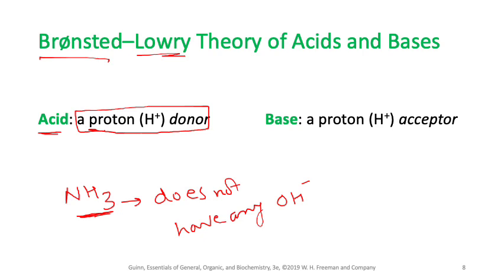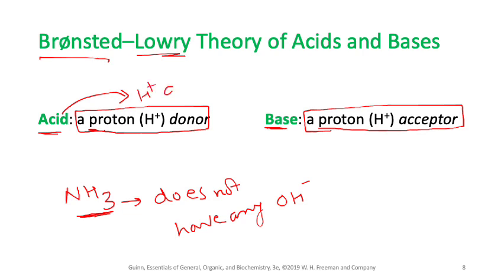And according to them, a base is a compound or molecule which can accept a proton. So we can say acid is a proton donor and base is a proton acceptor. They can accept the proton, right?